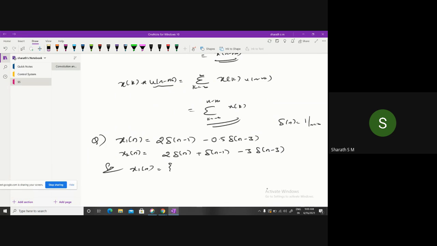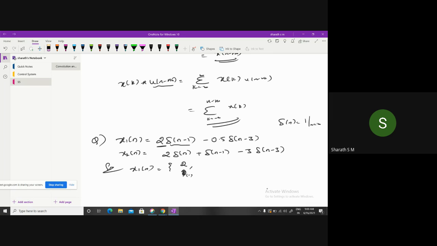Here delta of n minus 1 means we have a sample at 1, where the amplitude level is 2.